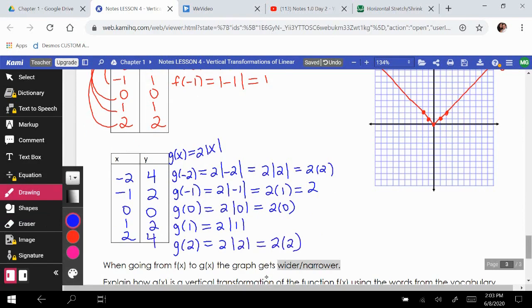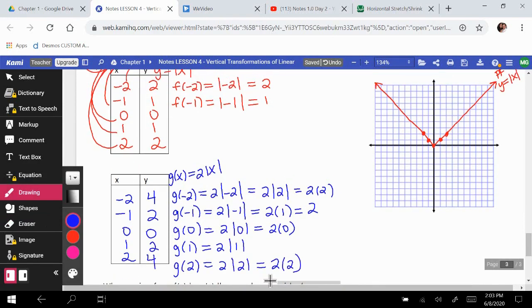So I should have the points -2, 4, -1, 2, 0, 0, 1, 2, and 2, 4. It looks like this.